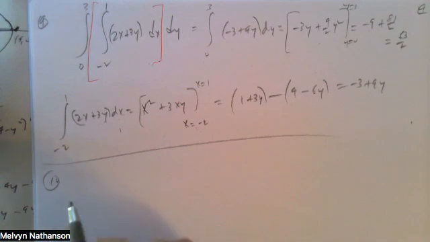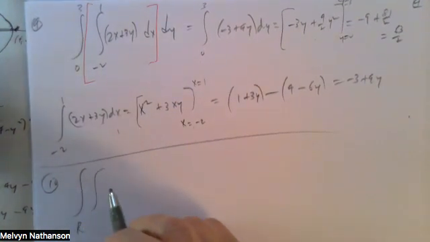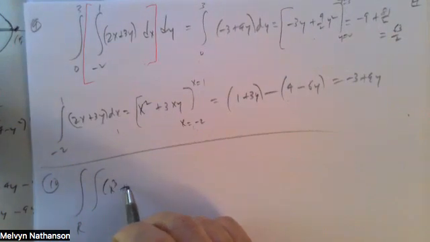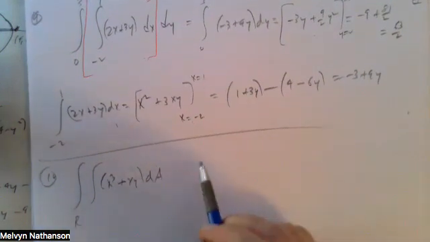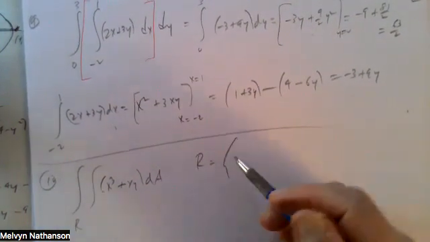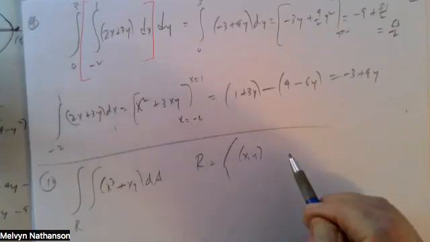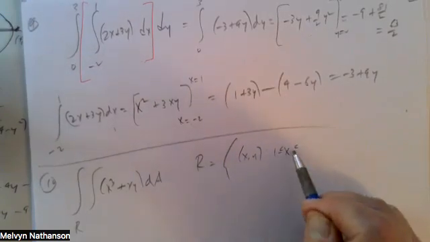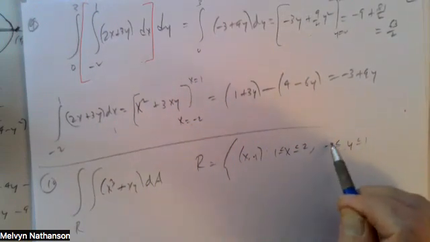In problem 10, we have a double integral over a region R of x cubed plus xy dA, and the region R is the set of all points xy where x is between 1 and 2, and y is between 1 and -1.